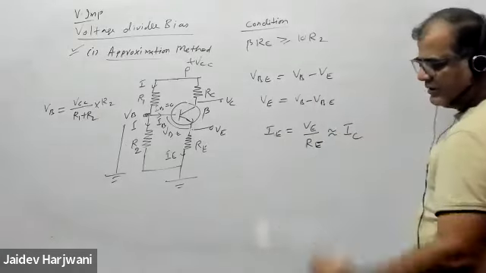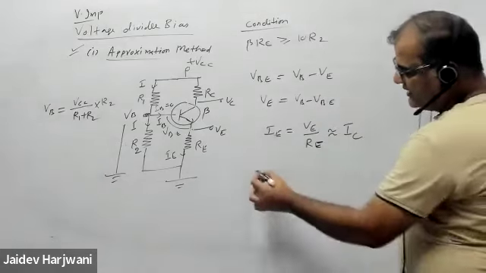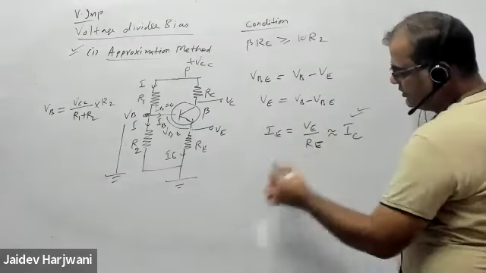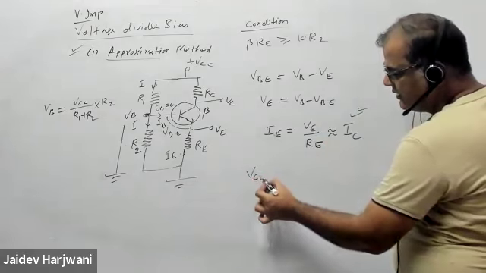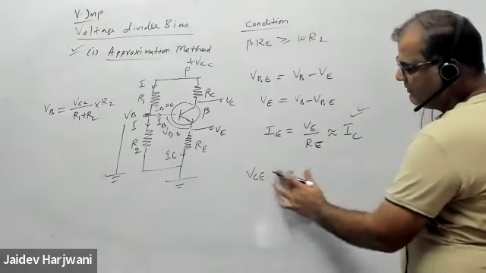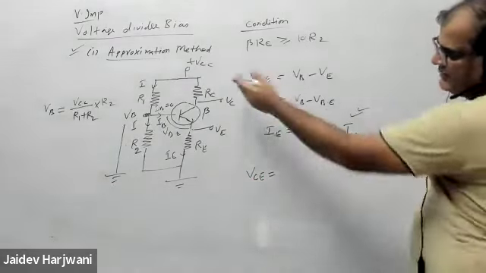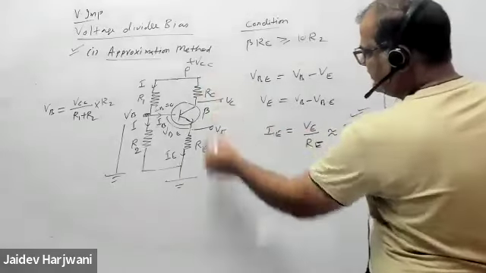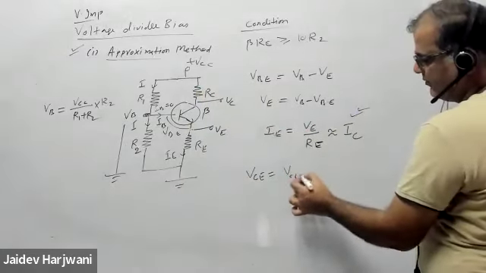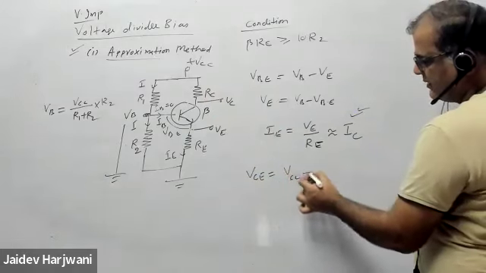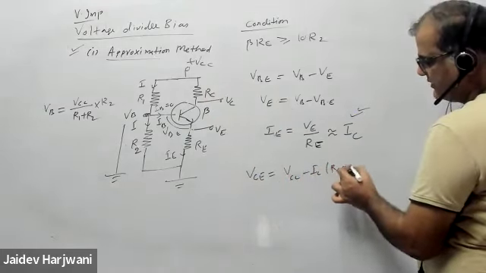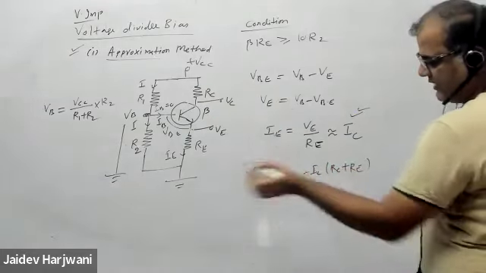So the circuit is solved. Now, if you want VCE, how do you calculate VCE? VCE, the same circuit, means VCC minus IC times RC plus RE, like we have done earlier.